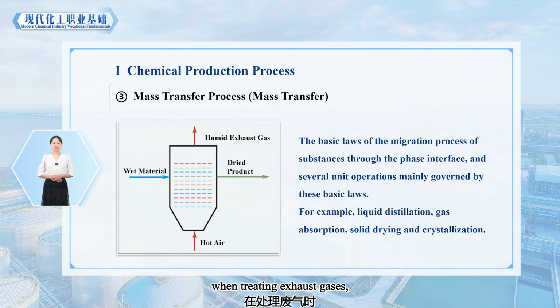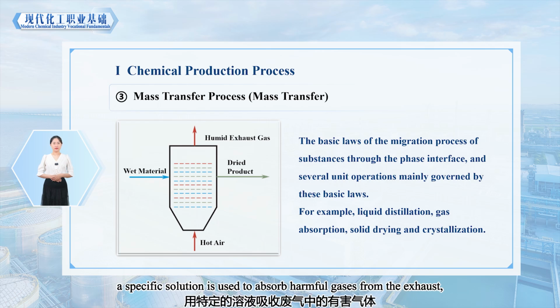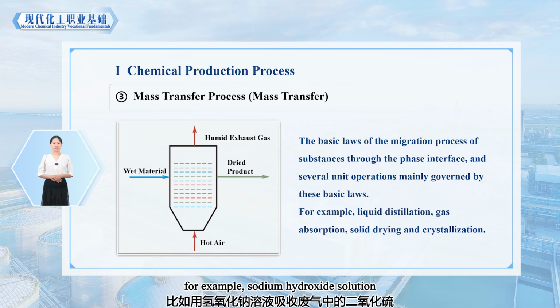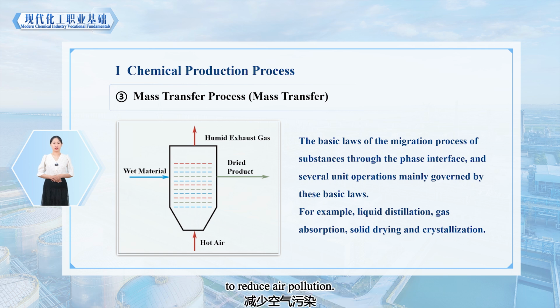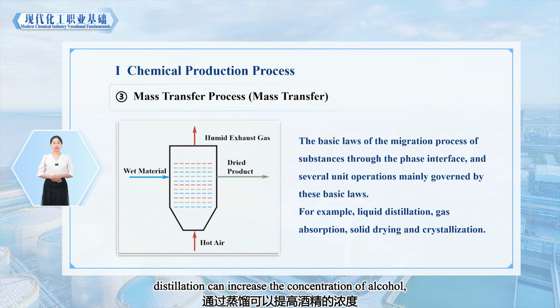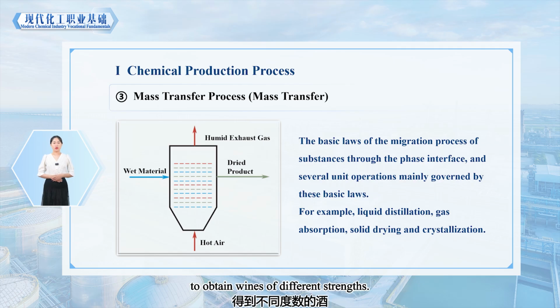When treating exhaust gases, a specific solution is used to absorb harmful gases from the exhaust. For example, sodium hydroxide solution is used to absorb sulfur dioxide from exhaust gases to reduce air pollution. In the brewing process, distillation can increase the concentration of alcohol by distilling the fermented wine to obtain wines of different strains.